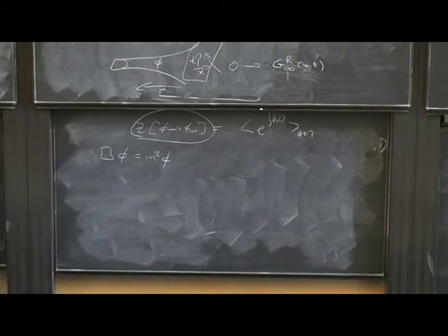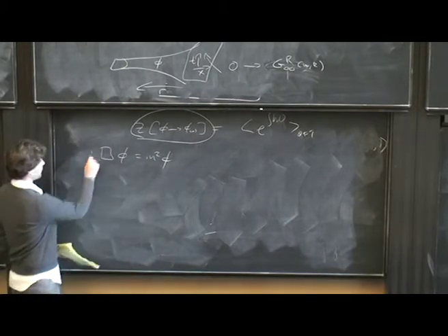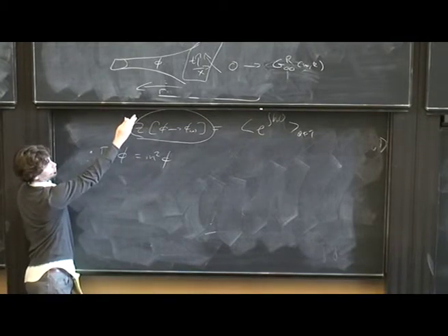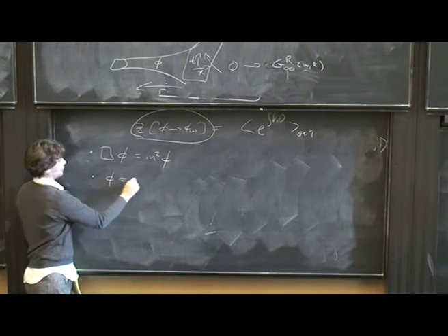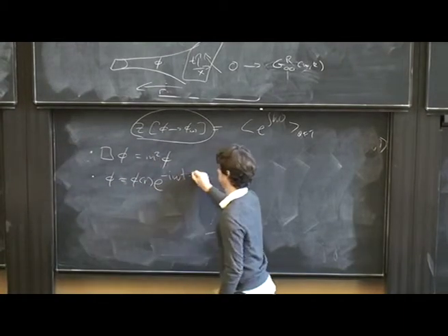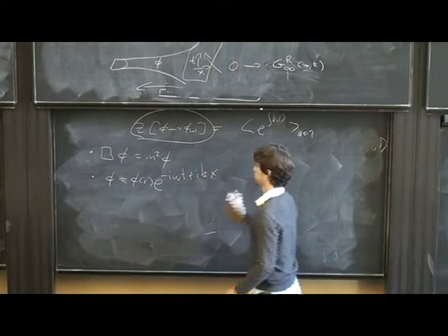We calculate the two-point function by differentiating the generating function twice. So what you want to do is a Fourier decomposition: phi is phi of r times e to the minus i omega t plus ikx.